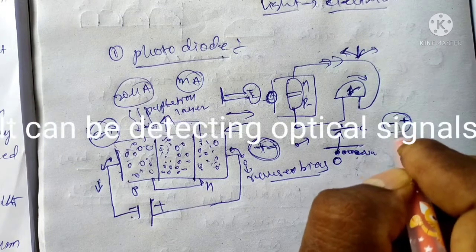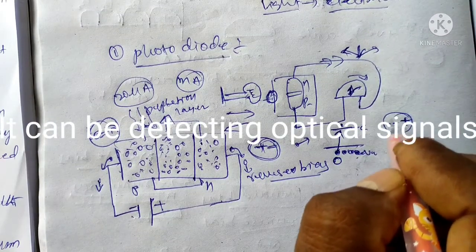When electron-hole pair generation occurs, it releases some amount of energy.